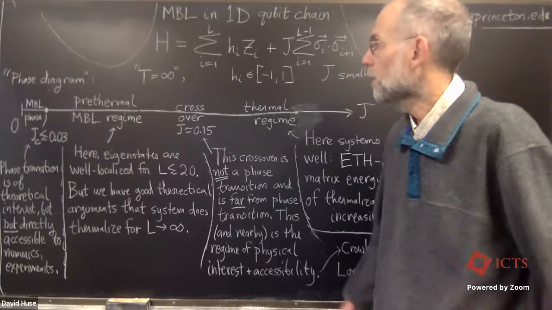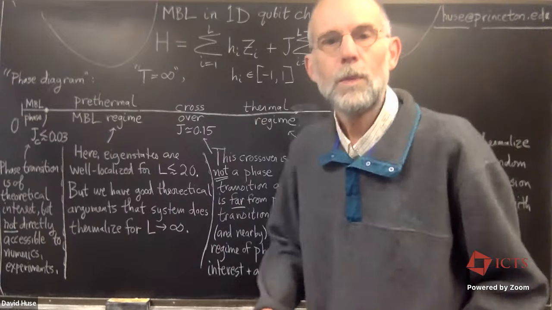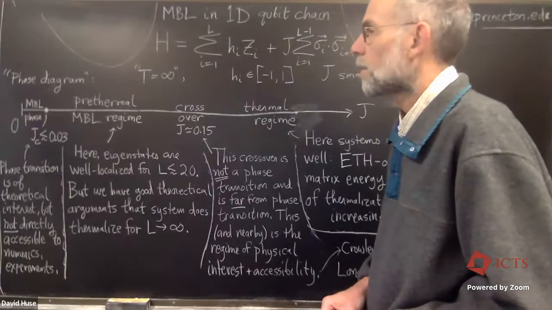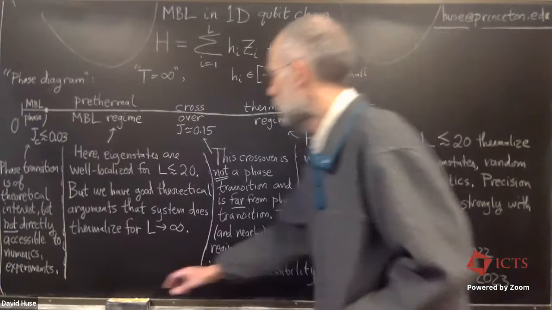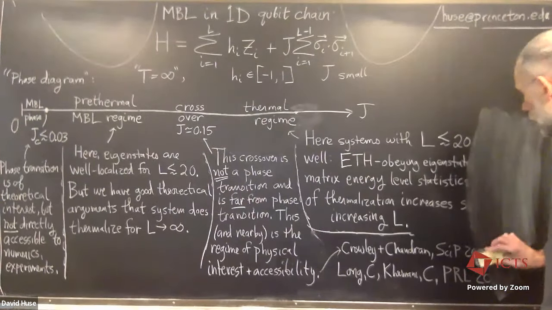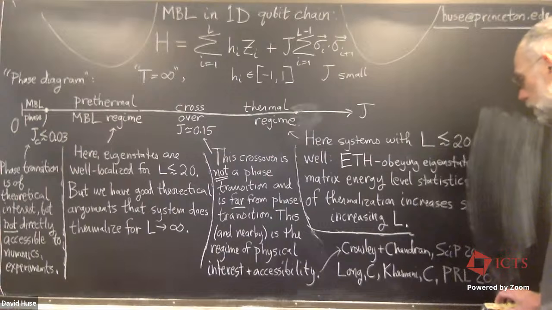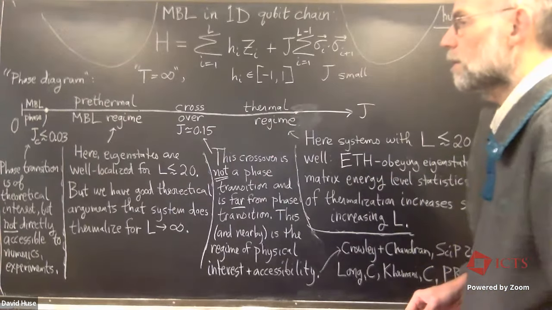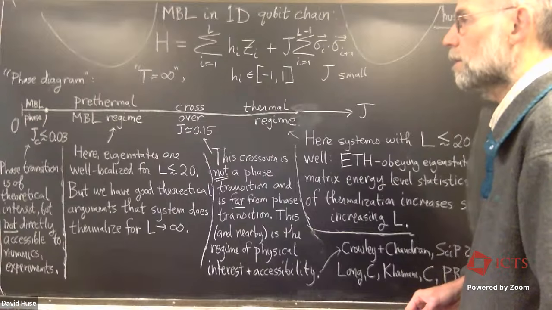In the chat, there's a question which I can read out. There's a question by Nilotpal: is the bound on the phase transition based on the assumption of existence of L bits?